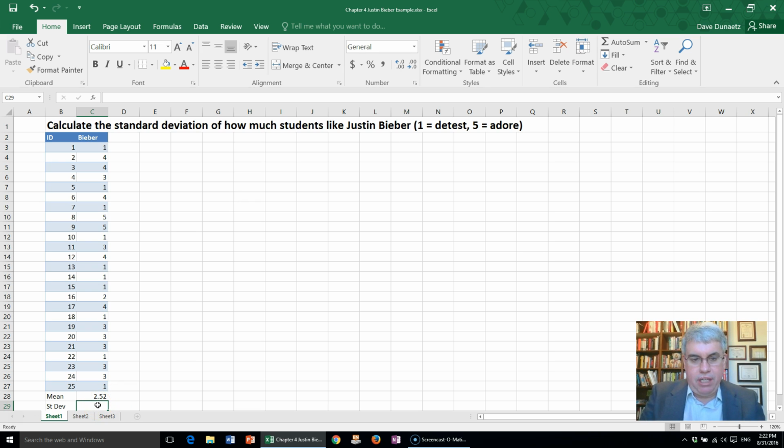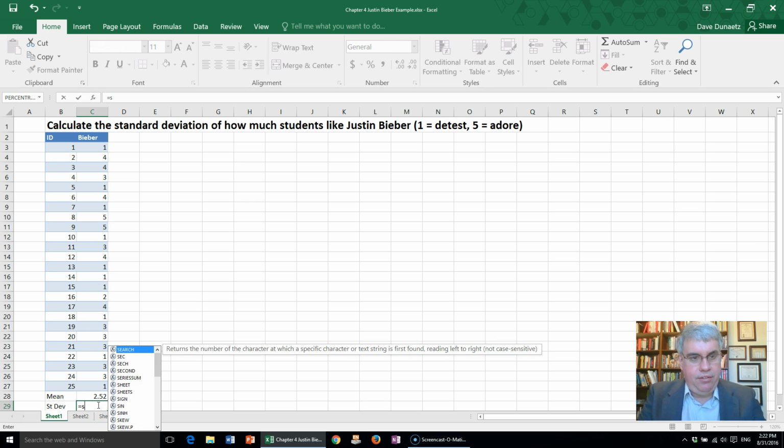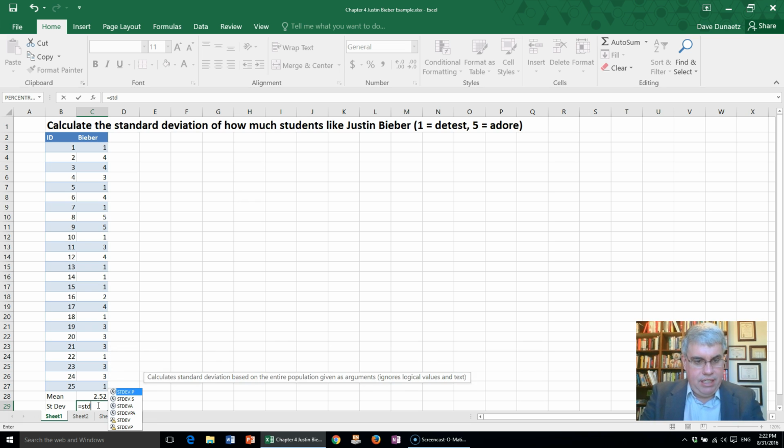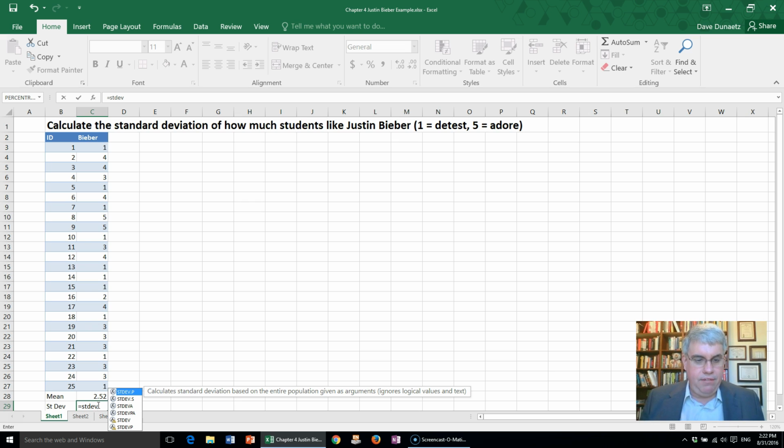And we're going to use an Excel command, stdev. Now, there's a number of stdev commands. We can just use stdev plain, or we can use one with the .s. They're the same things.